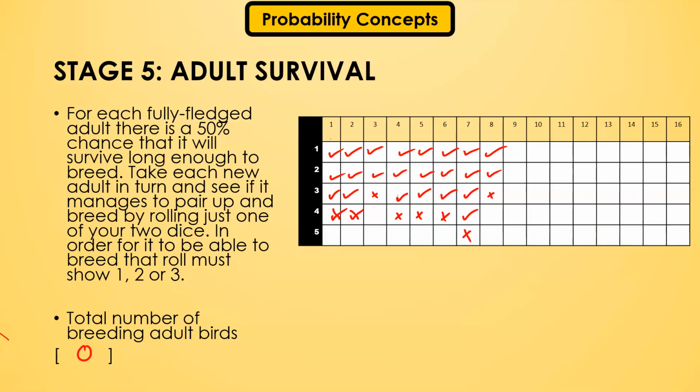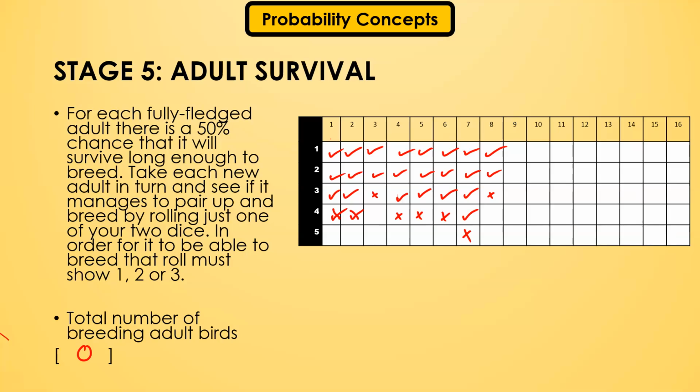Because our one trial, even though we ended up with 0, is not going to be the most accurate result. The more trials you do, the more closely the experimental probability fits the theoretical probability.